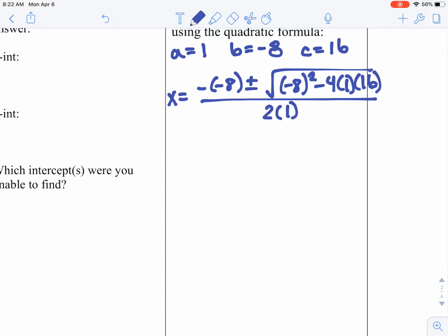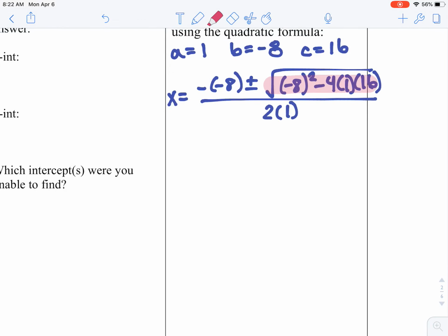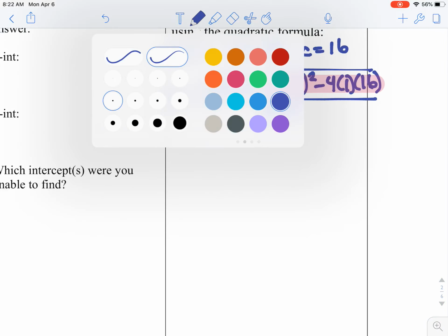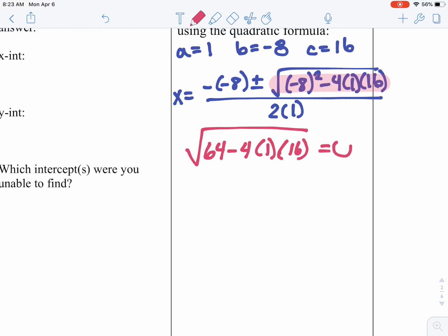All right. My first step is going to be to do what's underneath the radical sign, or the square root sign. So negative 8 squared is 64, minus 4 times 1 times 16. I'm going to put that in my calculator, and we get 0.